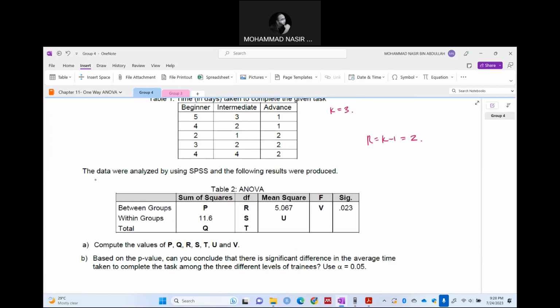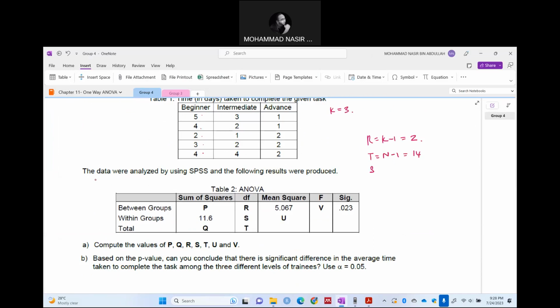Right? And then T is equal to N minus 1. So which is equal to, this is 1, 2, 3, 4, 5, 15 minus 1, 14. Right?